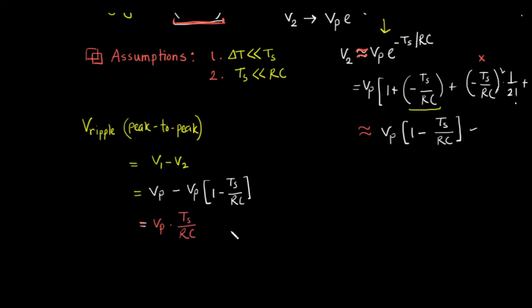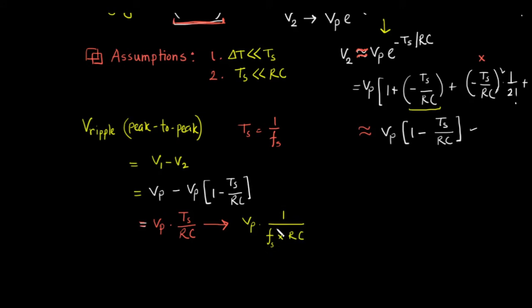Okay, all right. So we can actually write this in another simpler form. If we use the formula that Ts equals 1 by Fs, we can write this as Vp times 1 by Fs times RC.